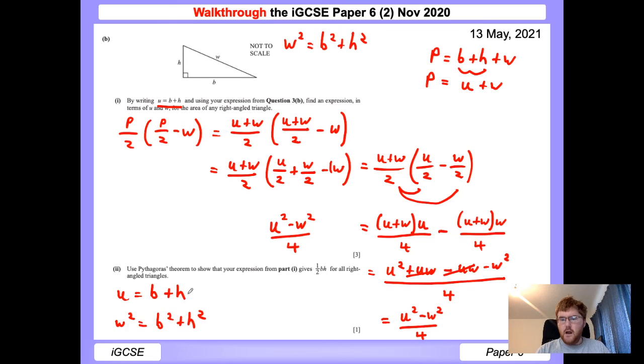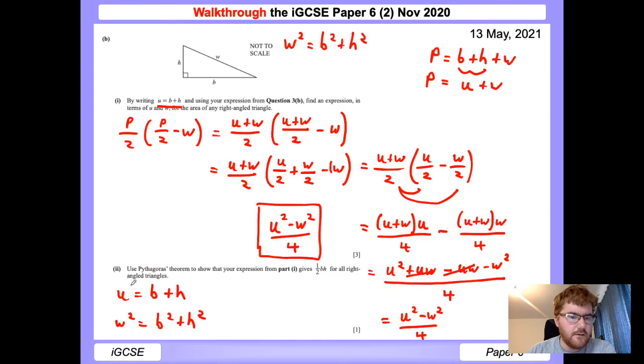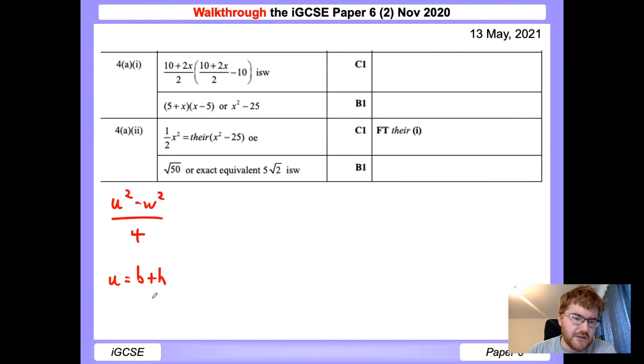So essentially, we're going to take this formula that we just got from the previous answer and substitute these two things in. Okay, so I'm going to do it on this page, so I've got a bit of room. So we've got U squared minus W squared over 4. We've got U is equal to B plus H, and we have W squared is equal to B squared plus H squared. So let's put them in.